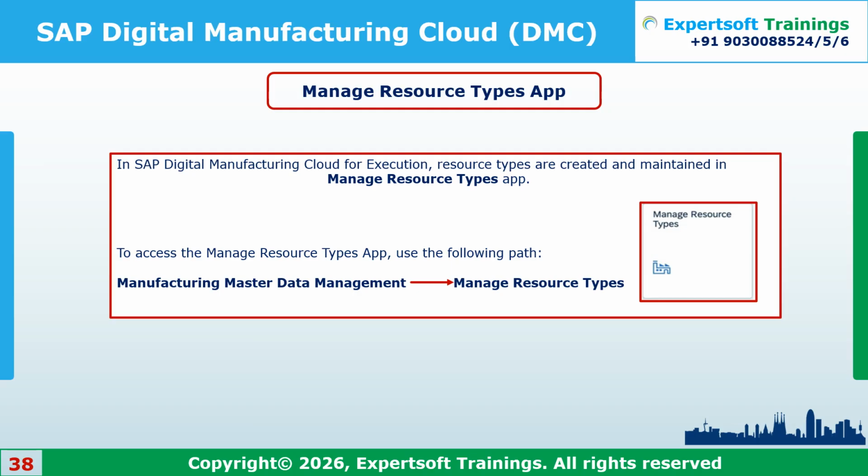So this is very much a specific catalog that we get in the DM. If you can recall the screen of the Fiori Launchpad, we have the tiles, and then groups, and then spaces, and so on. So the same concept will be followed here in DM. That is, the catalog is manufacturing master data management, and then we have the app called Manage Resource Types.